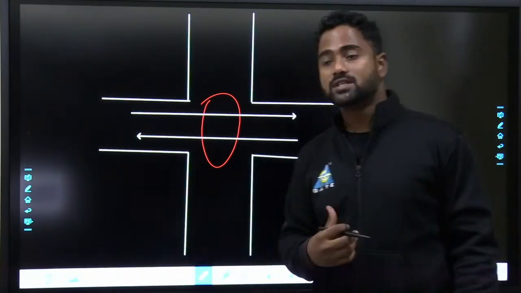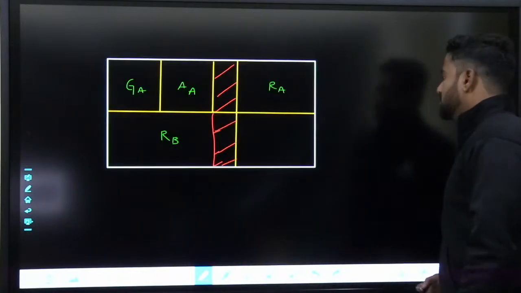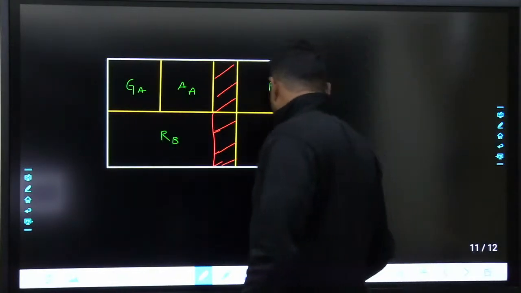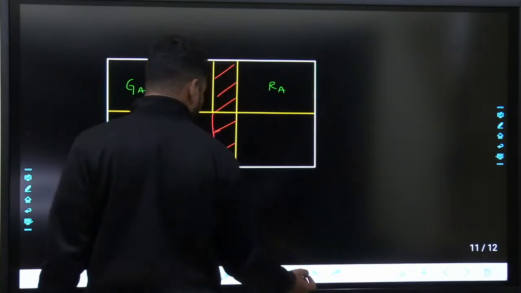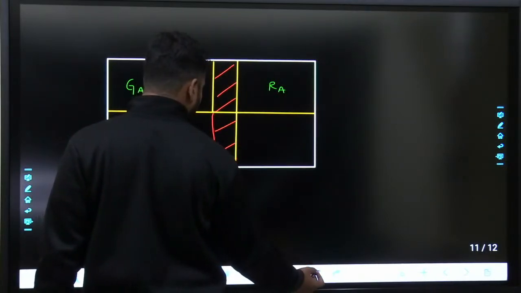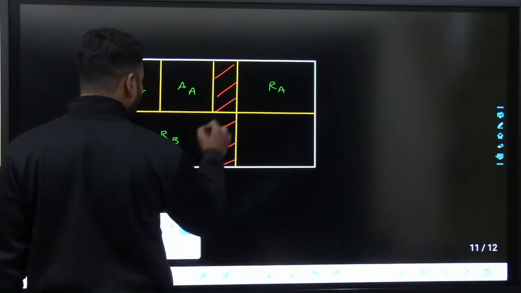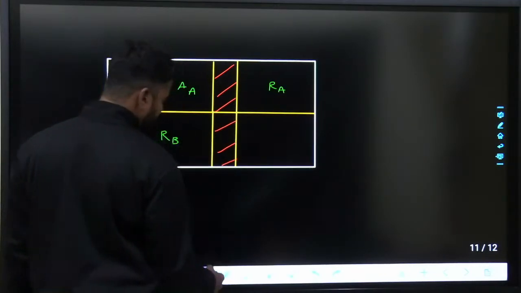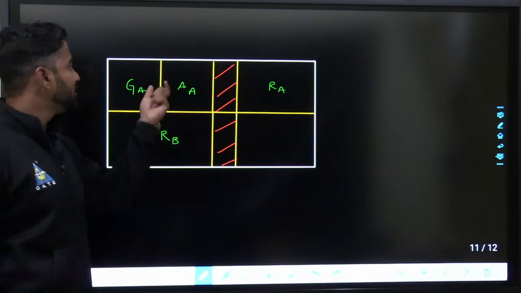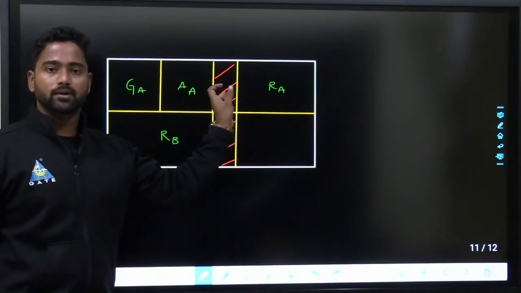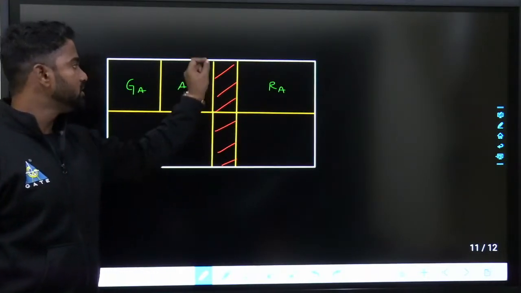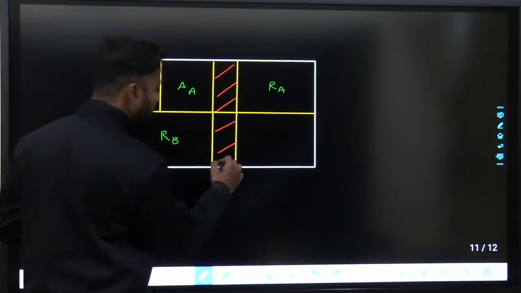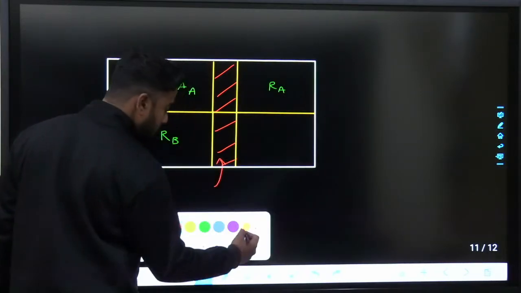The name itself says clearance interval. That is also called all red time. It is generally provided after amber.